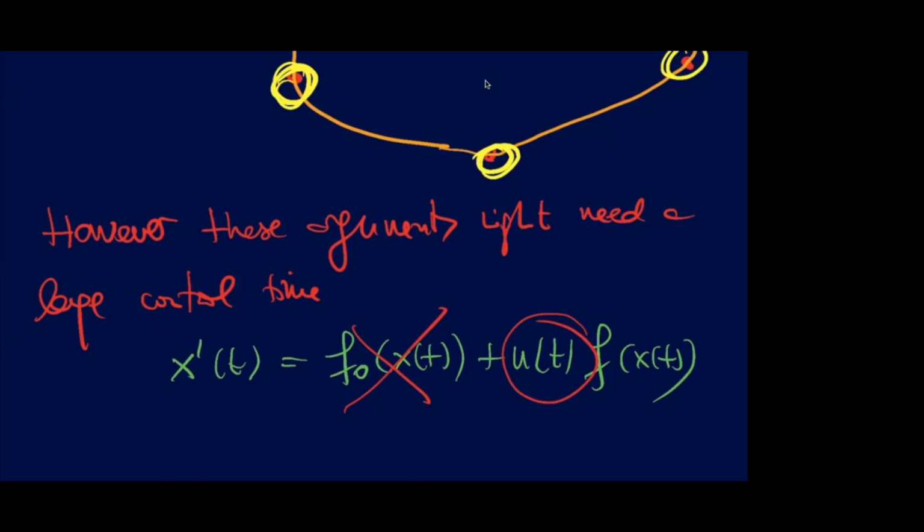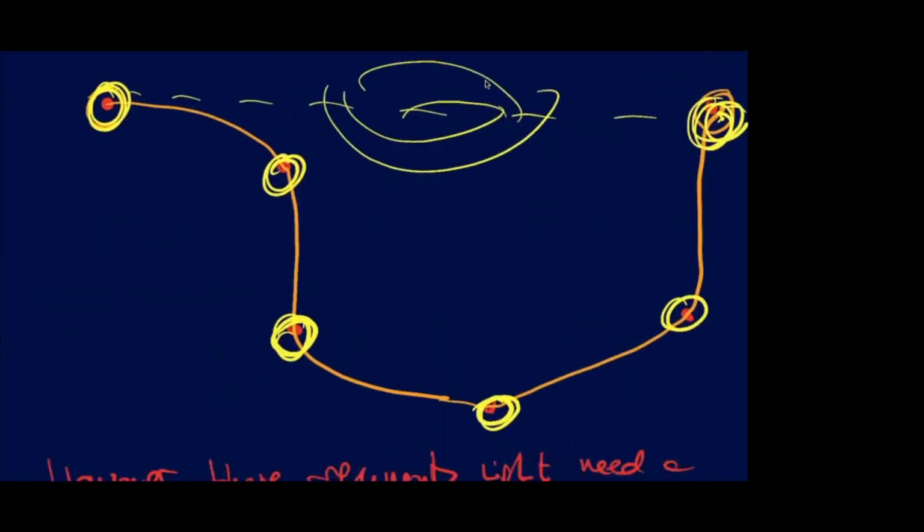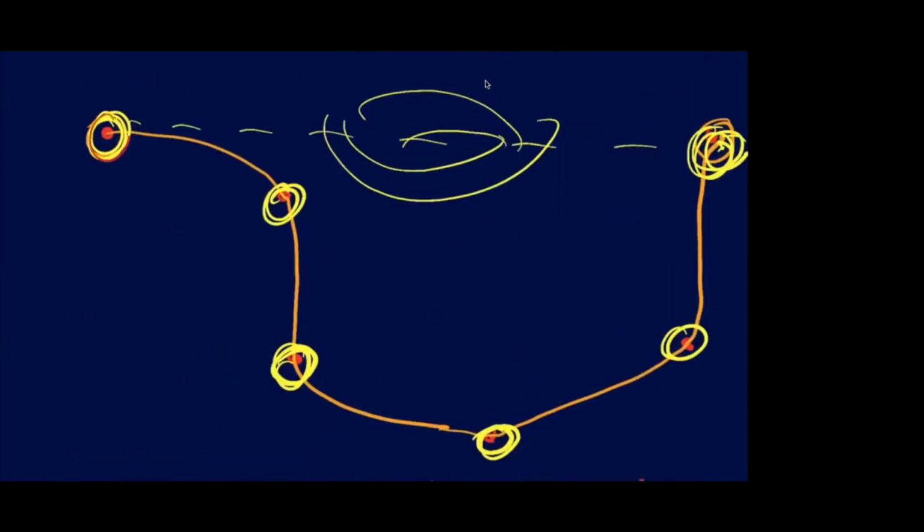Why? Because you simply increase the size of the control. This means that if there is a path joining this city and this city along this trajectory, what I'm telling you is that if there is no speed limit, you can go as fast as you wish. But as you know, normally there is a speed limit.